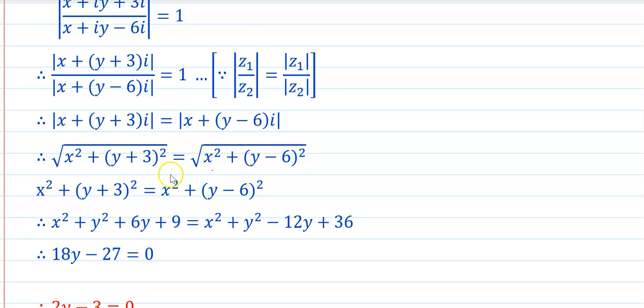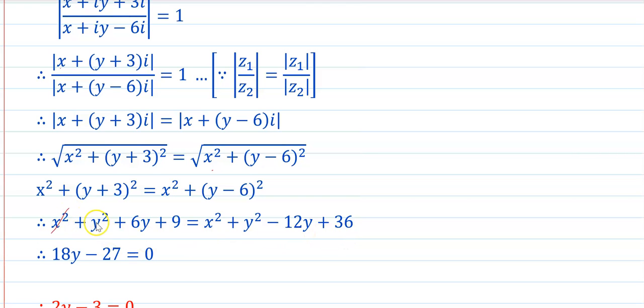Squaring on both sides, we get x squared plus (y plus 3) squared equals x squared plus (y minus 6) squared. (y plus 3) squared means y squared plus 6y plus 9. Again, (y minus 6) squared means y squared minus 12y plus 36.